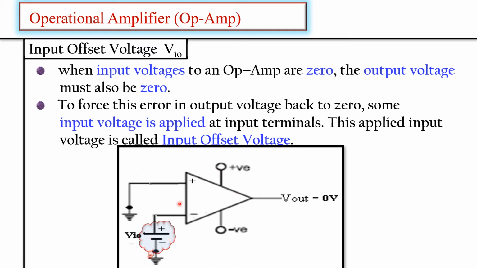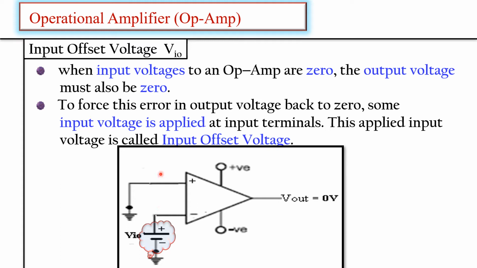This is due to the slight mismatch between the two transistors of the differential amplifier. We have seen the internal block diagram of the op-amp. The first stage is the differential amplifier, where we make use of two transistors. There is a slight mismatch between the two transistors, and because of that both transistors have different biasing voltages. Let VB1 be the biasing voltage at the non-inverting terminal and VB2 be the biasing voltage at the inverting terminal.